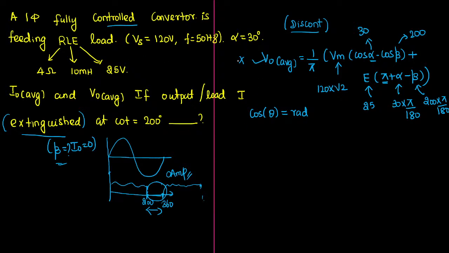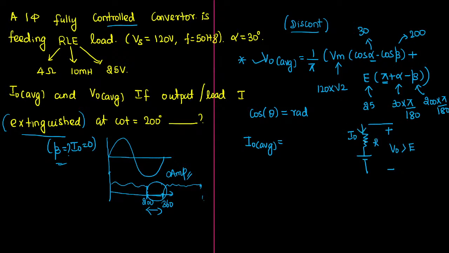Fine sir, this is fine. How do I calculate the value of I naught? As usual, same formula. What same formula? I told now, RE load, RLE load. Again, same resistor, then battery. If you calculate the V naught average, if the value of V naught average is greater than E, then how will you write down the expression for current output?